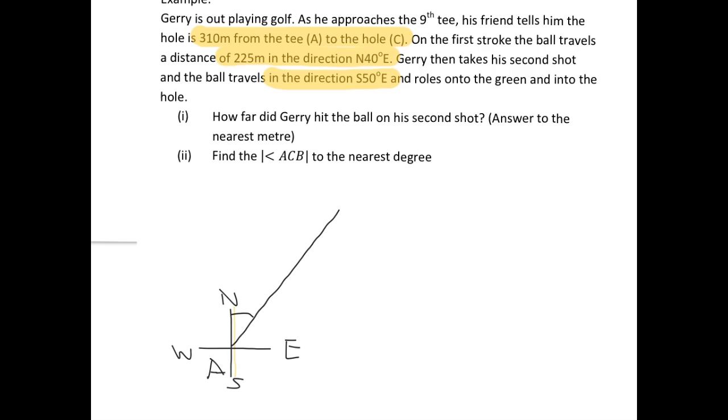So this angle here being 40 degrees. And we know it goes a distance of 225 meters to a point up here, let's call it point B. And again, our compass directions.